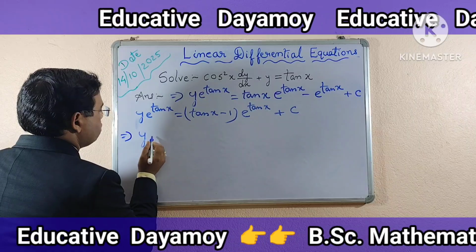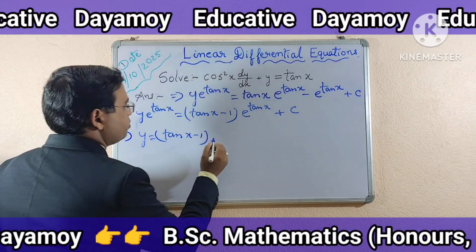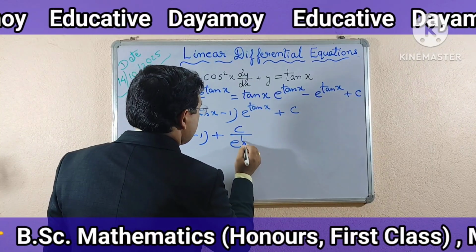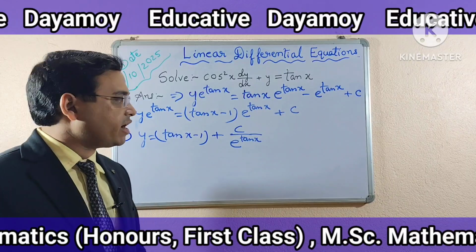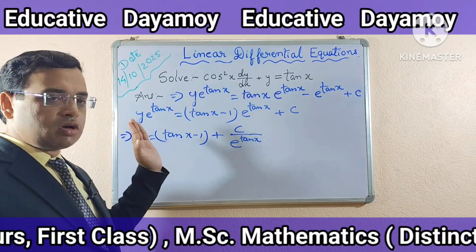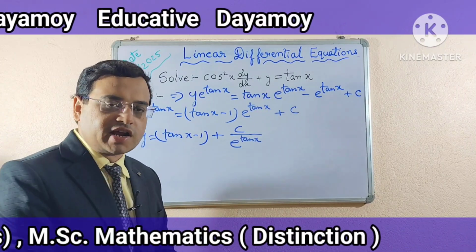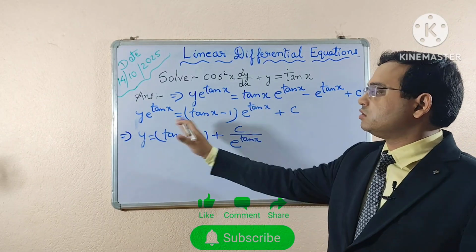So y equals tan x minus 1 plus c by e to the power tan x. Just as in this video a few minutes before, I taught you how the result came after dividing both sides by cos square x, similarly I have done this step.